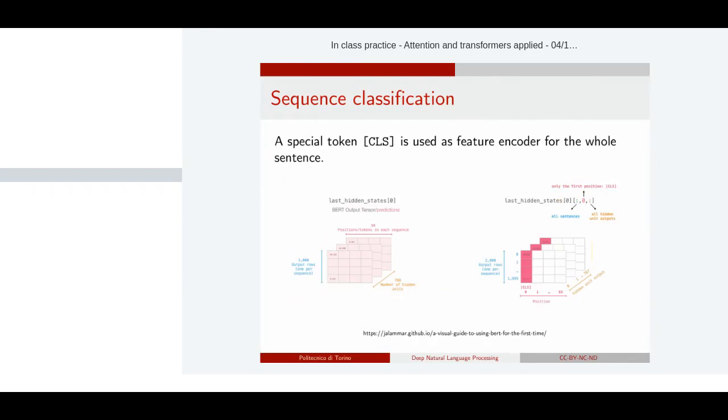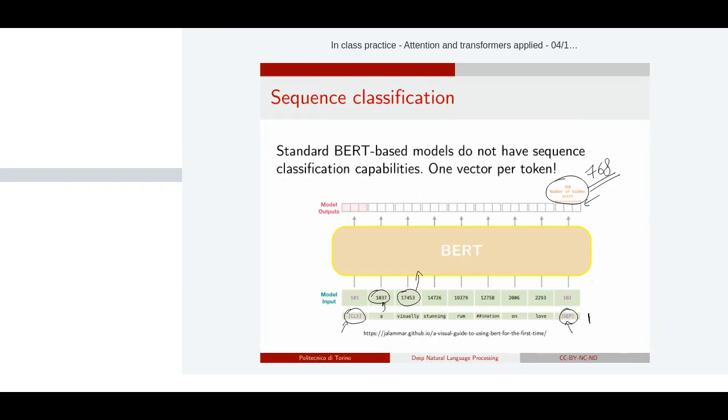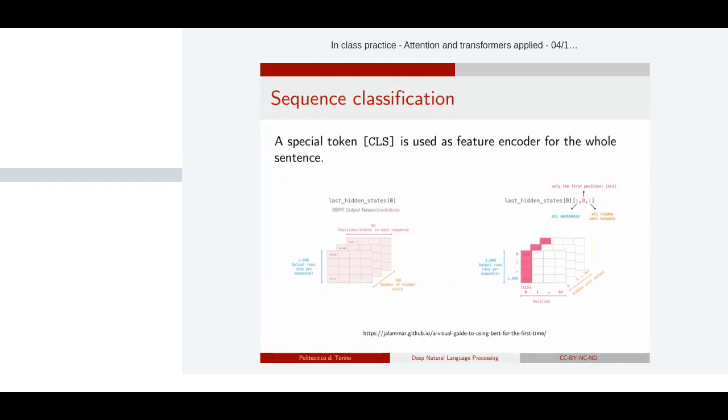What we can do, I said that we had a special CLS token and a special separator token. The separator token is not necessary for our cases, but the classification token is usually useful to perform sequence classification.